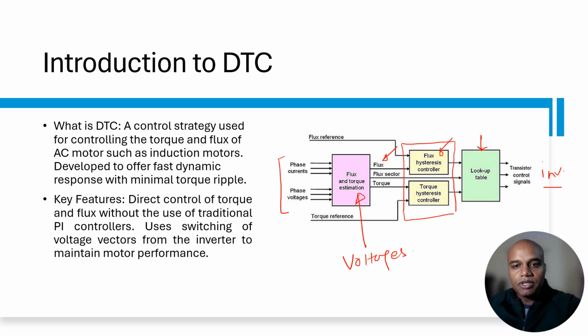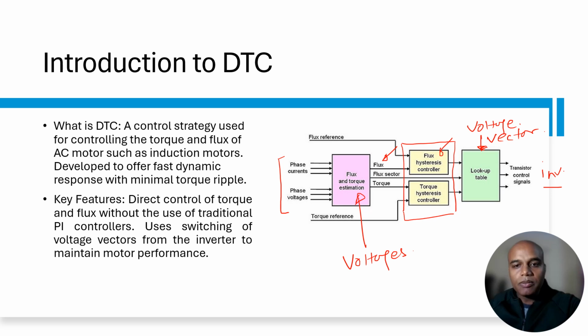This lookup table is based on the voltage vectors, which we will see in a few seconds. Based on the voltage vectors the lookup table has been created, and it defines whether we want to increase or decrease the flux, and similarly whether we want to increase or decrease the torque.